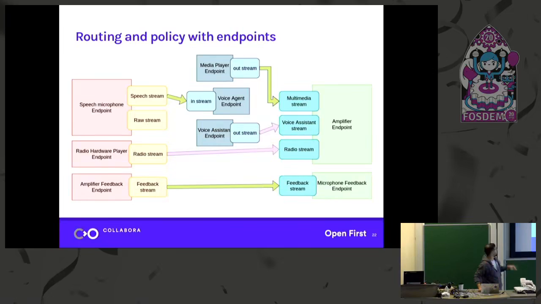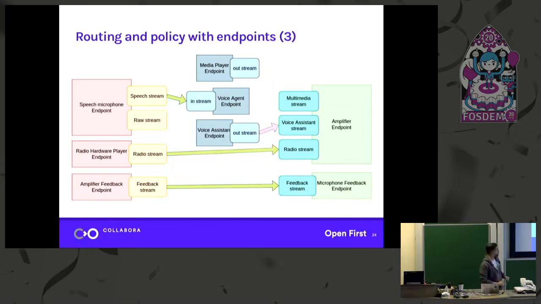For example, there is a voice agent assistant there that wants to play something, and it starts playing, and then as soon as it makes the link and it starts streaming, maybe the policy management understands that this happens, and it enables some effects on the amplifier endpoint, which could mean that more nodes are getting linked at that point and they enable some effects, or it could mean that something on the hardware is triggered to enable this effect where the voice is louder than the music.